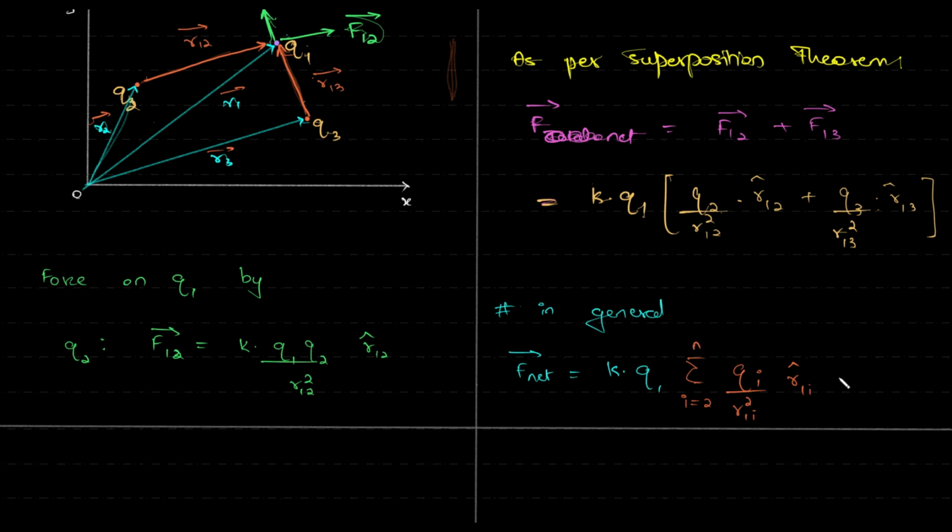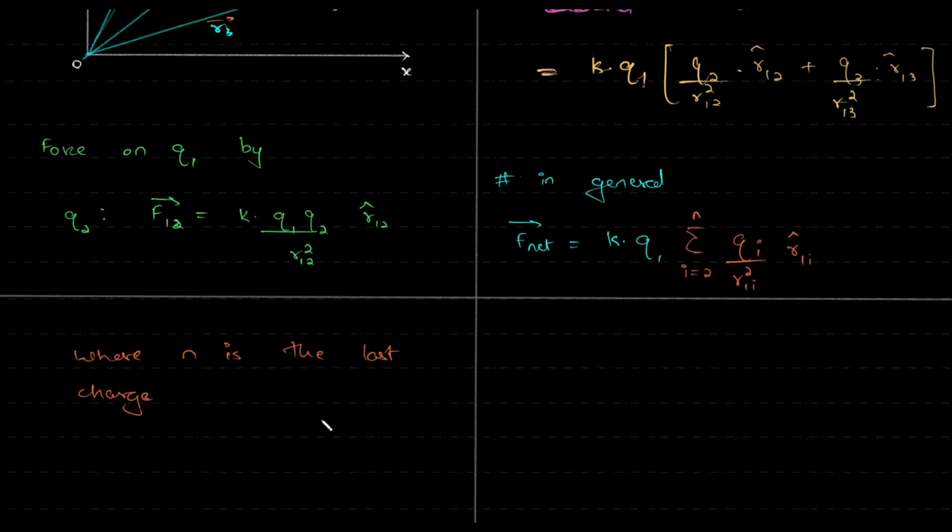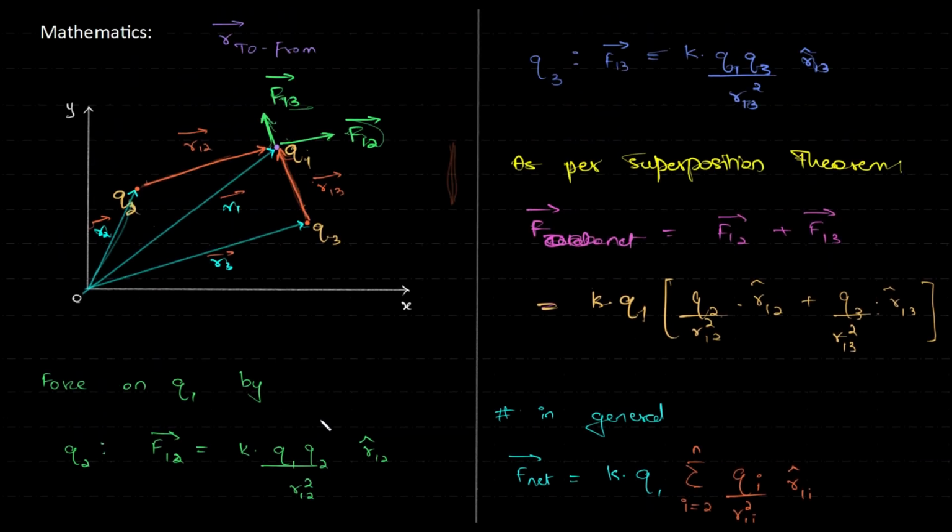So this is your general representation. What is n? n is the number of charges, where n is the last charge. Okay, so this is your unit vector form.